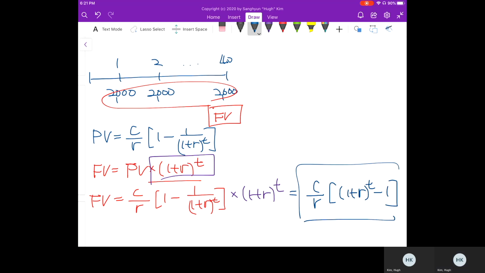That is the future value of an annuity formula.